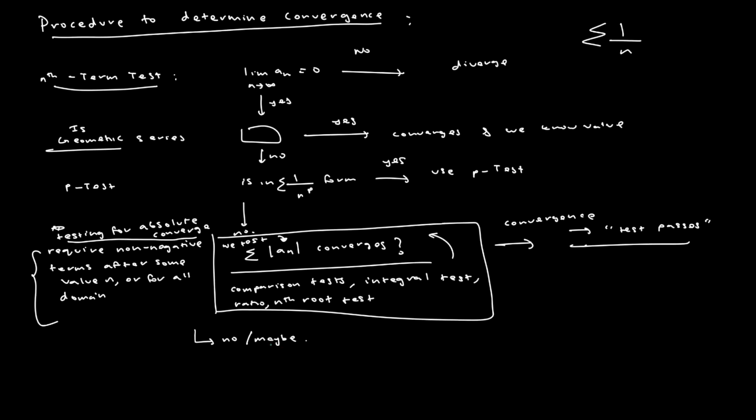But sometimes we have (-1)^n times 1 over n. Now that will fail the absolute convergence test, but that's not the original series, so it still might converge. And also, you can get indeterminate test results when you use the ratio test or the nth root test. So you can either get a no or maybe. And if you get a maybe, then see if you can apply the alternating series test.